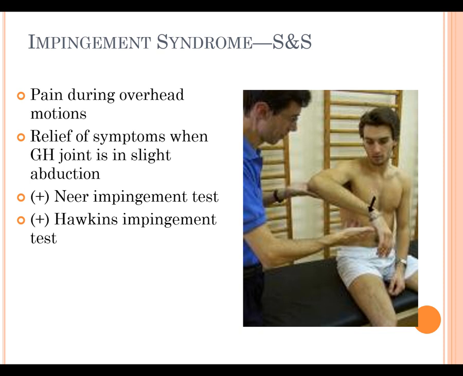They will feel the pain inside underneath the acromion because that is where the supraspinatus tendon is. When it comes to impingement syndrome, we don't really know what structure is involved. It could be the bursa. It could be supraspinatus. It could be the long head of the biceps tendon.